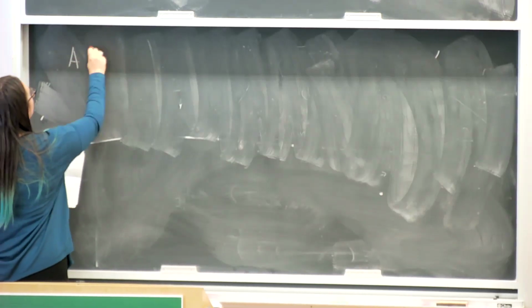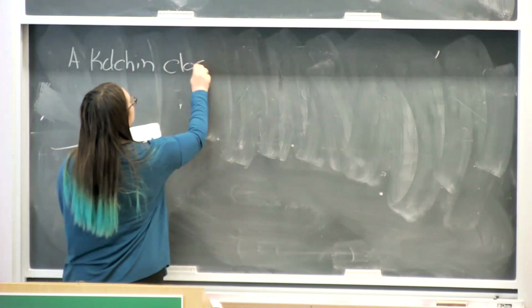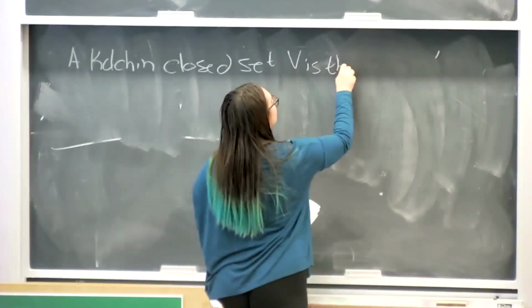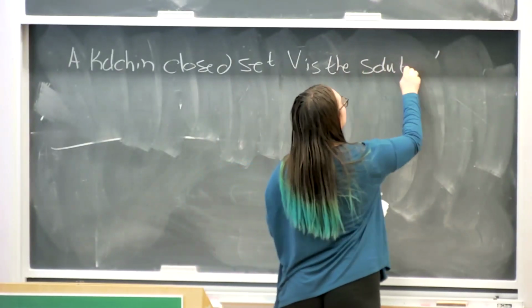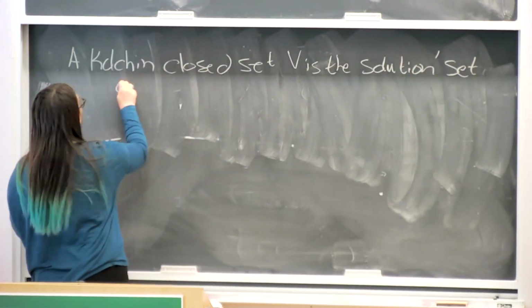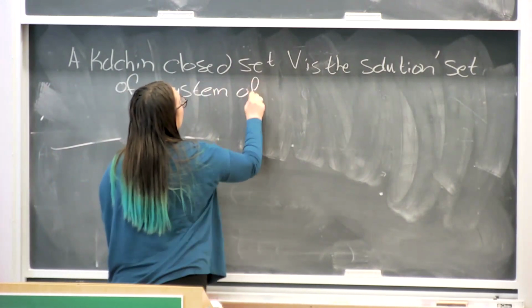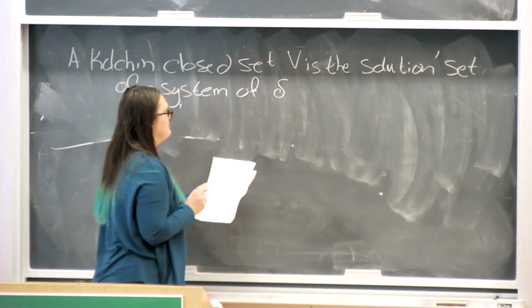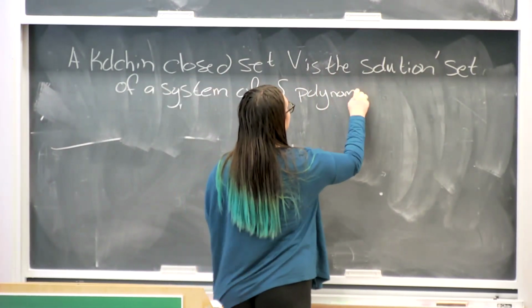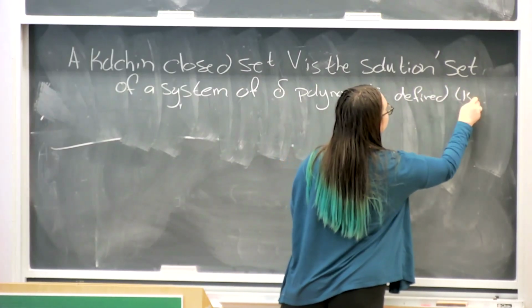So for us, a Kolchin closed set B is the solution set of a system of differential, so I'm going to denote this by delta, of polynomials, which is defined over some differential field.